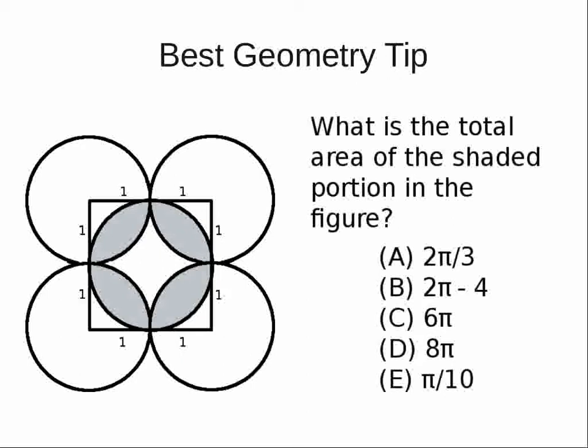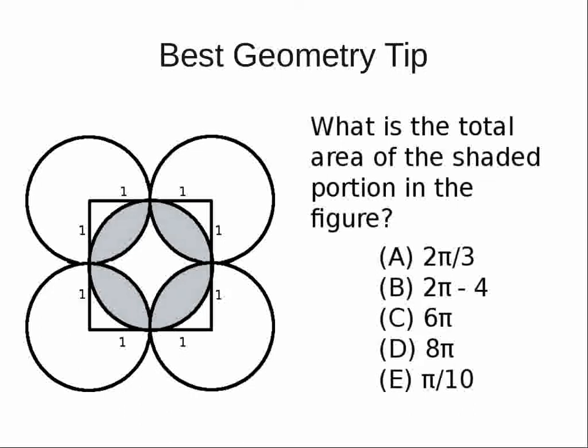So why don't we start from the bottom? In order to eliminate choices, you have to know that pi is 3-ish. A lot of people know it as 3.14. If you at least know that pi is about 3, that'll be good enough for this question. So E, pi over 10, is that close to 2?